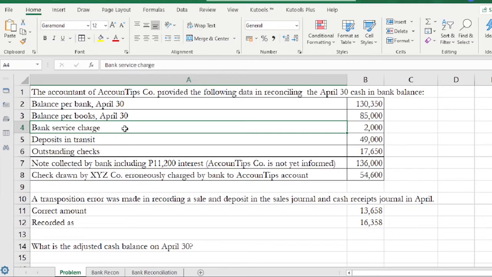Other debit memos include NSF, or not sufficient funds check, and payment of loans. In order to adjust for this, we have to make a corresponding deduction to the balance per books because not recording this causes an overstatement of the cash balance per books.